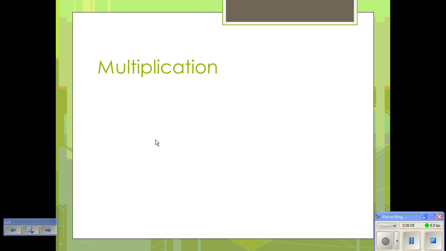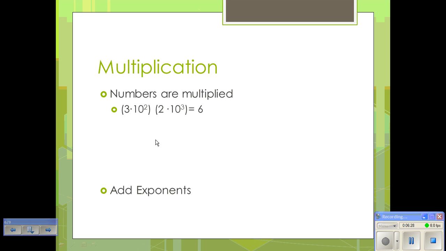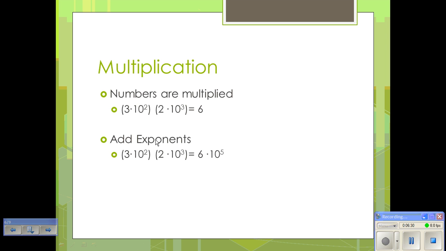Whenever you're taking numbers that are in scientific notation and multiplying them, the numbers themselves will just be multiplied, but the exponents are going to be added. So the numbers are multiplied, 3 times 2 is 6, and then you add the exponents. This is 10 to the second and 10 to the third, so 2 plus 3 is 5. So our answer of 3 times 10 to the second multiplied by 2 times 10 to the third is 6 times 10 to the fifth.